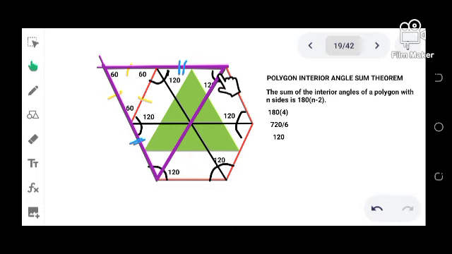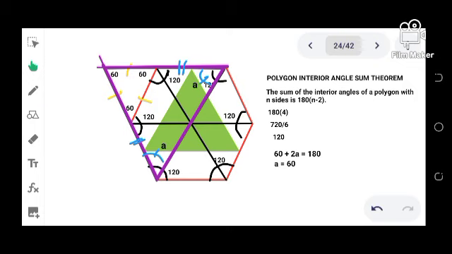But we don't know the measure of each angle, so let us label the measure of these angles as A. Since the sum of the angles of a triangle is 180, we have 60 plus 2A equals 180. Doing some algebra, we get the measure of A, which is 60.